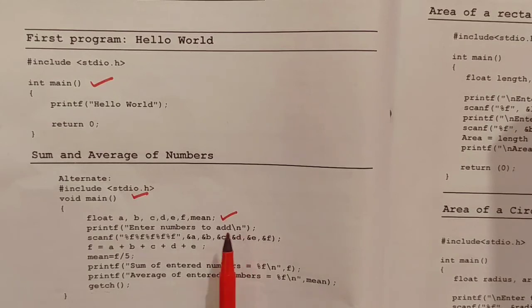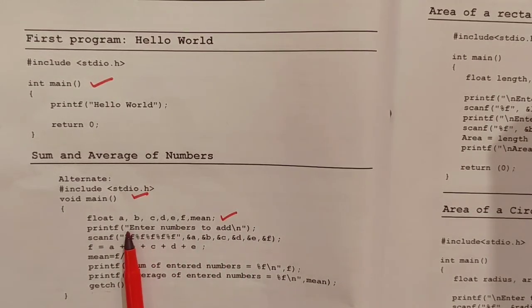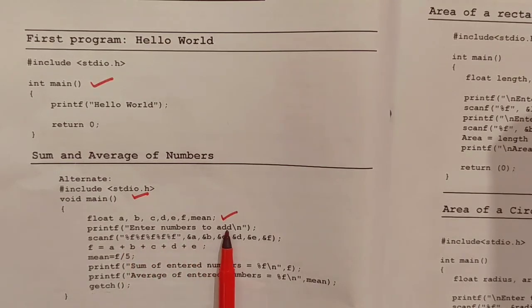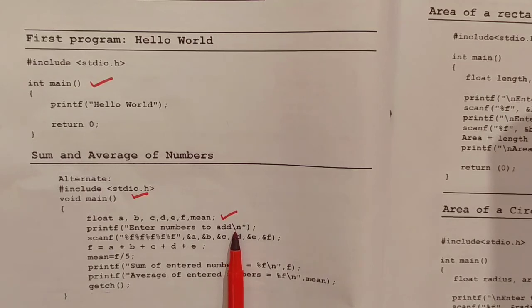Anything you can write inside the double inverted commas. Enter the numbers to multiply, or whatever you want to write. But here one backslash is given and after that n is given. It has a different significance.